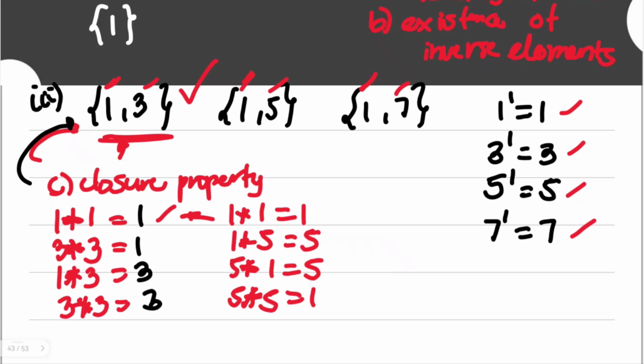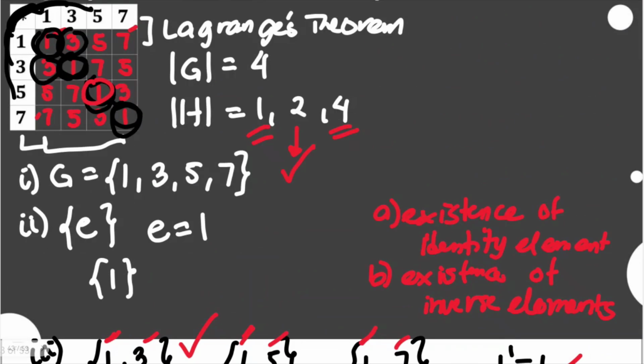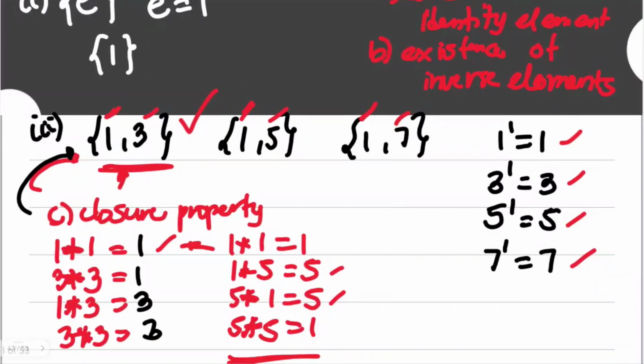So 1 star 5 and 5 star 1 is automatically 5 because 1 is the identity element, right? As mentioned earlier. So what we check is only the remaining item. 5 star 5 is actually 1. So all of these are elements of this. So this is also another subgroup of order 2. Yes, we can have more than one subgroup of any order as long as they actually satisfy the axioms for subgroup.